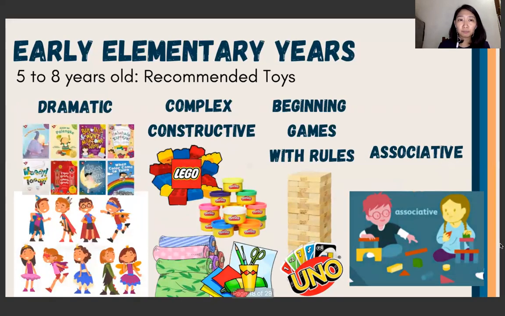Now, for the recommended toys at this stage, dramatic play and complex constructive play can actually go together. We need materials that would facilitate their imagination and creativity. We can give them dress-up costumes.